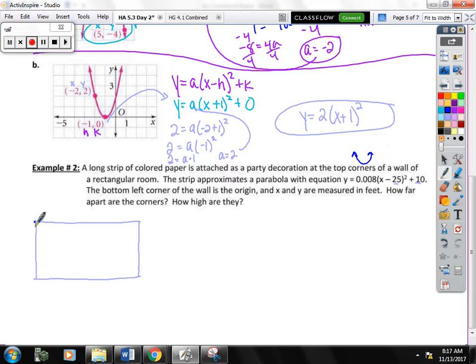But we know it's starting at this corner, it's going down, and it's coming back up. Probably could have drawn that a little bit better so it looks symmetric, but it's just a sketch. All right, they also tell us that the bottom left-hand corner of the wall is the origin. So down here, this is like our y-axis, and this is our x-axis, and this is the origin, 0, 0.